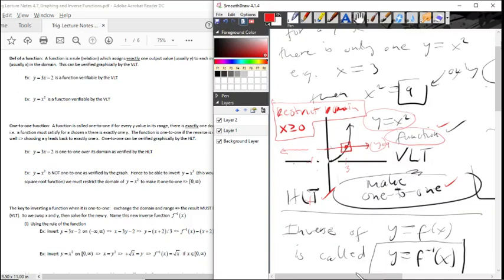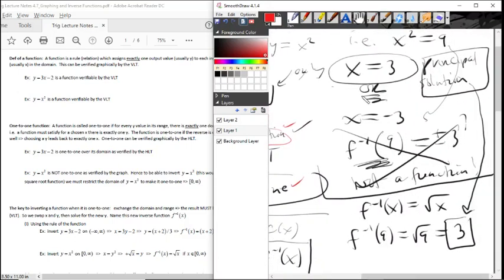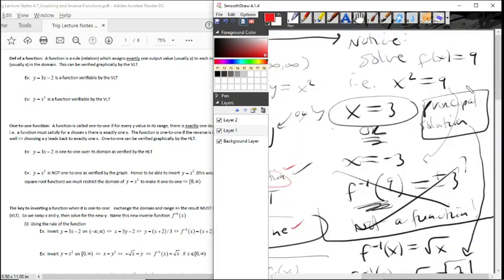Anytime, for example, in an algebra class or beyond, if you're ever given the equation x squared is equal to 9, and you write the solution as x equals 3, and that's it, you would always get marked wrong because you missed an entire solution. If you rely too heavily on the calculator, it doesn't know, it just gives you the principal solution and that's it.